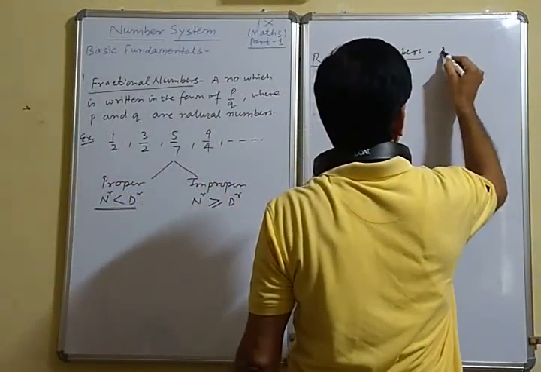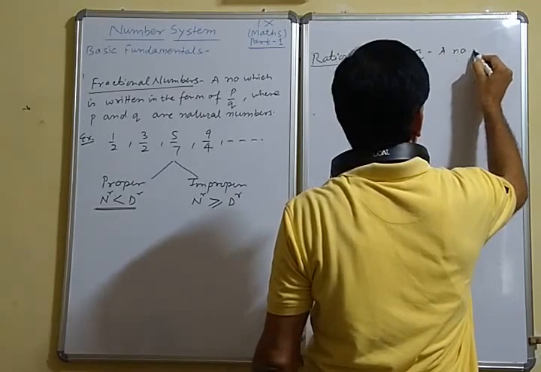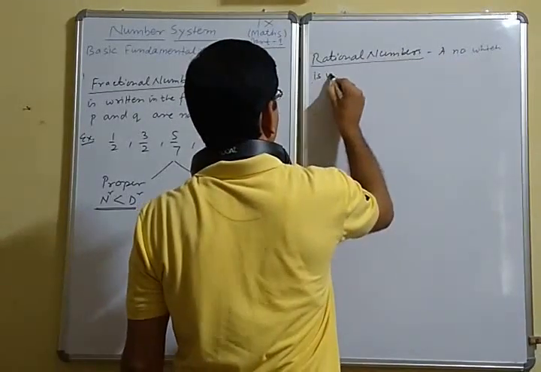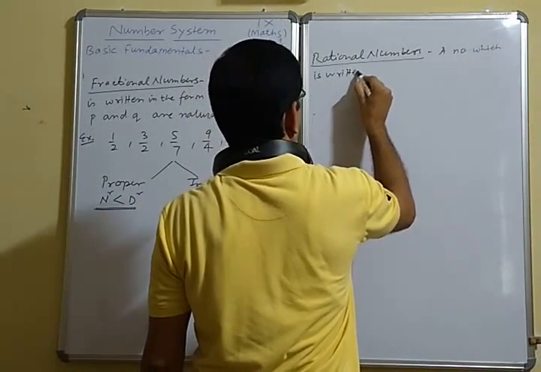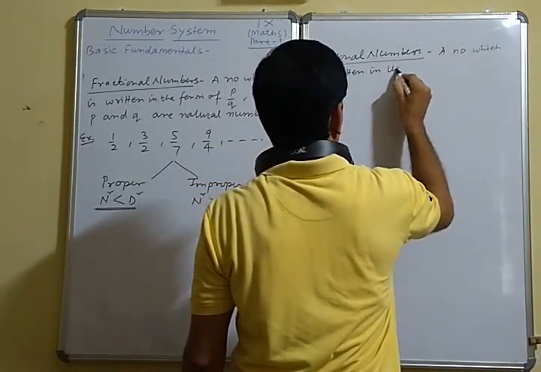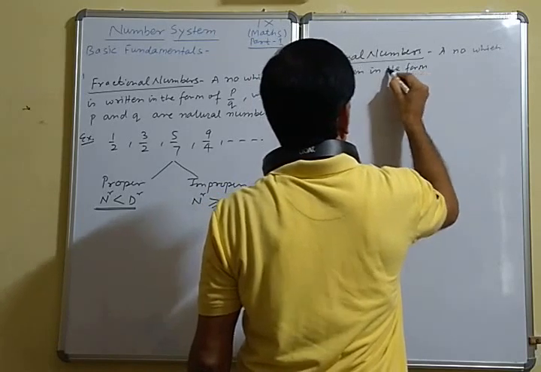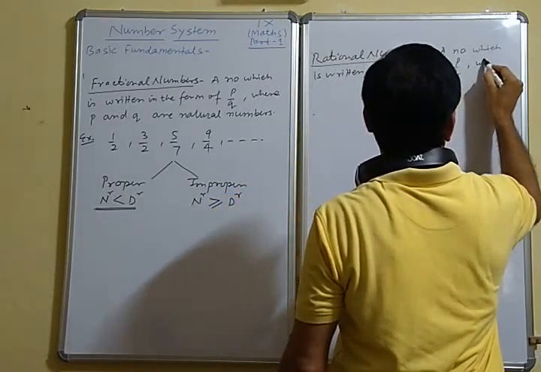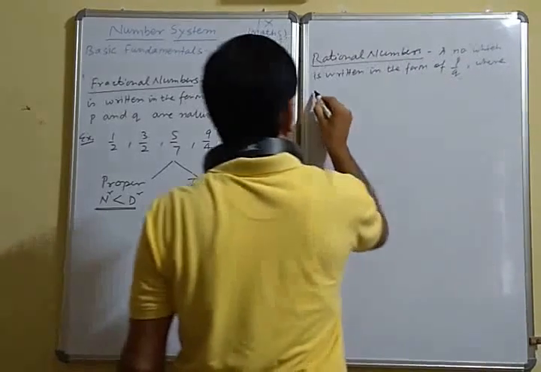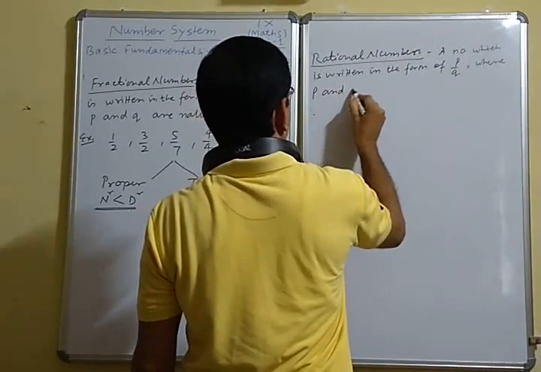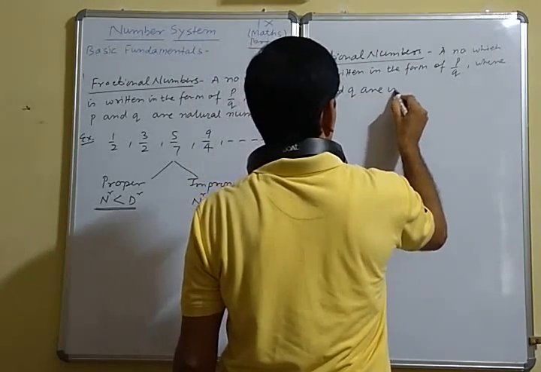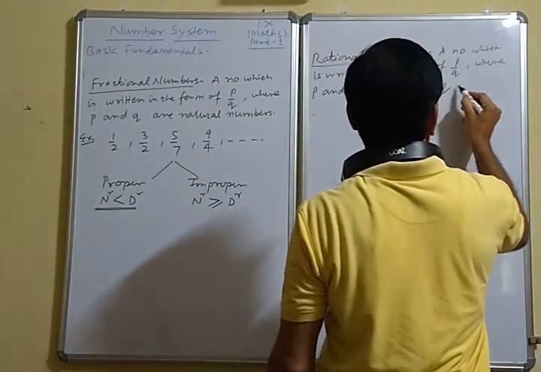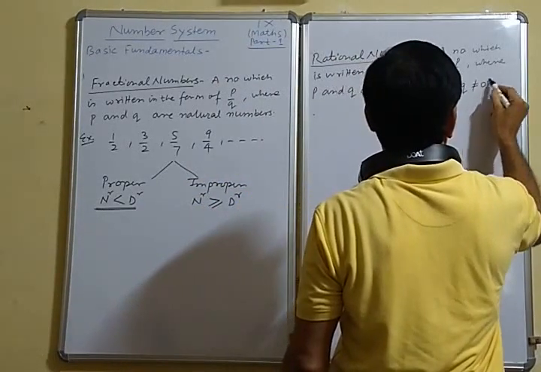A number which is written in the form of P by Q, where P and Q are integers and Q cannot be 0.